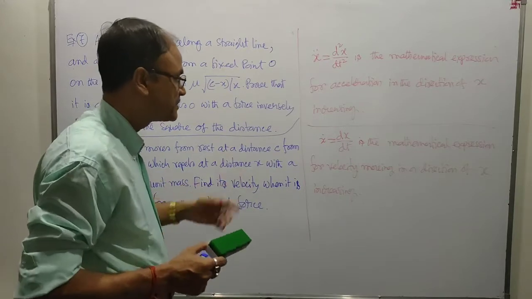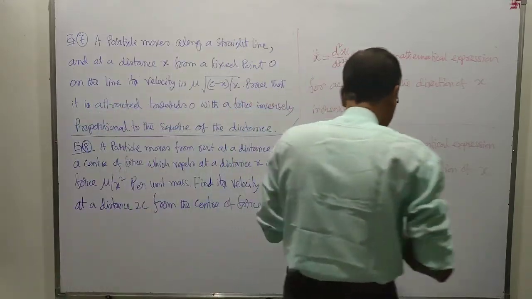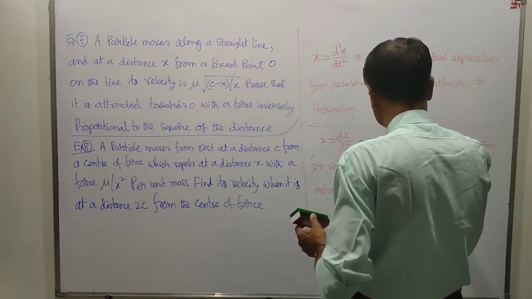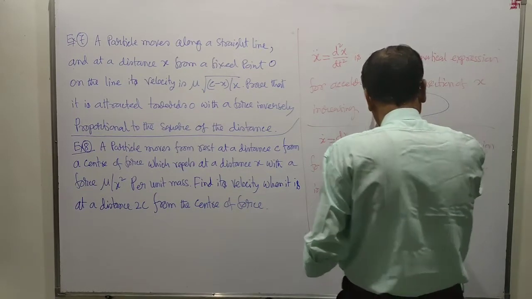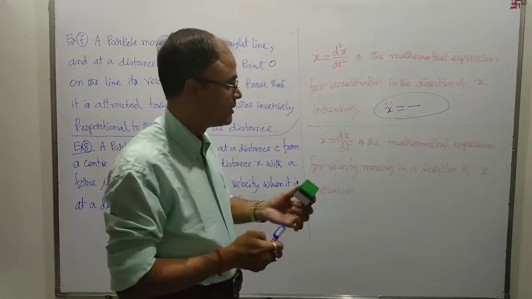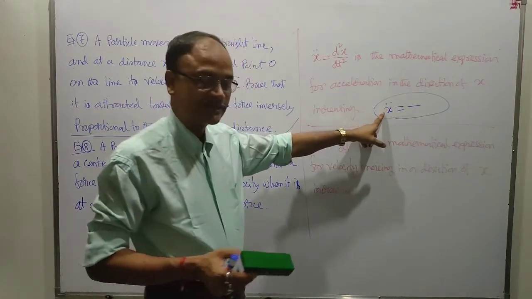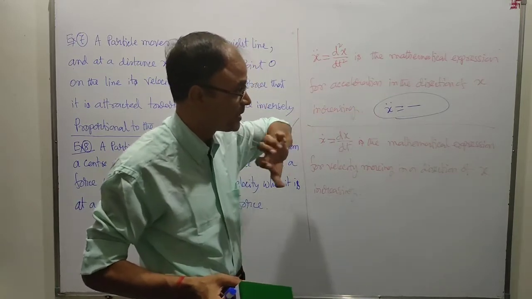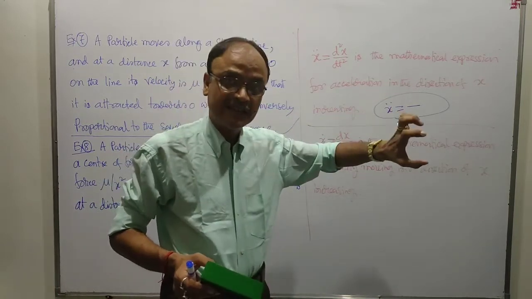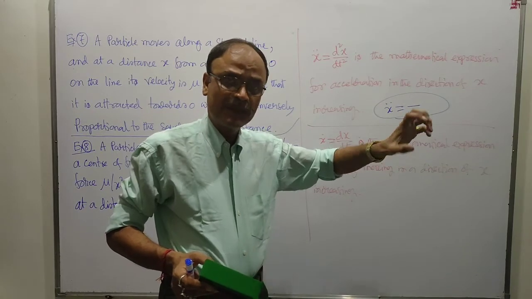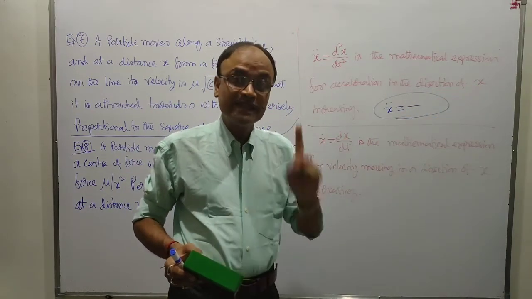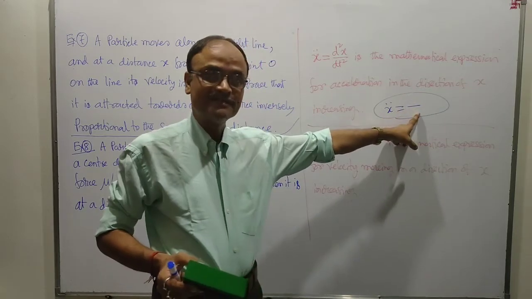Now, if sometimes x double dot, the acceleration, comes out to be negative, then you will conclude that the particle is moving in a direction of x decreasing, so we will take the negative sign.